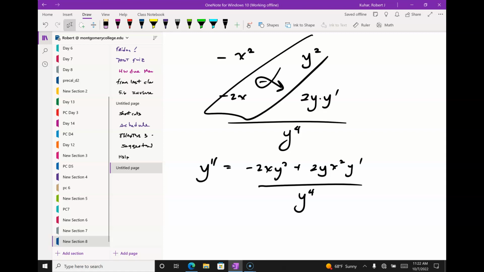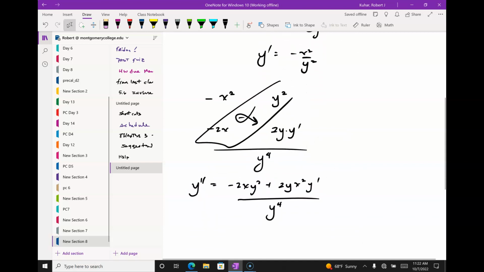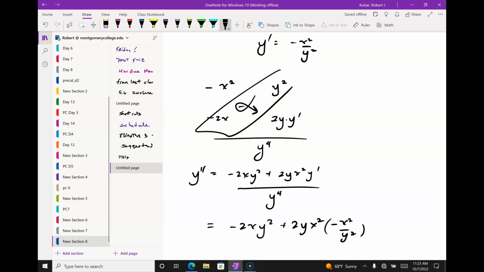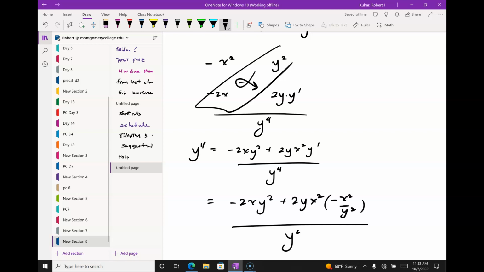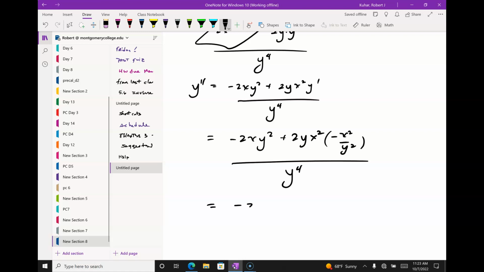And of course I could put y prime in because I already got the first derivative, right? So let me do that. Y prime was negative x squared over y squared. As I try and simplify this, I get one of my y's to cancel, but I still have x to the 4th over y.